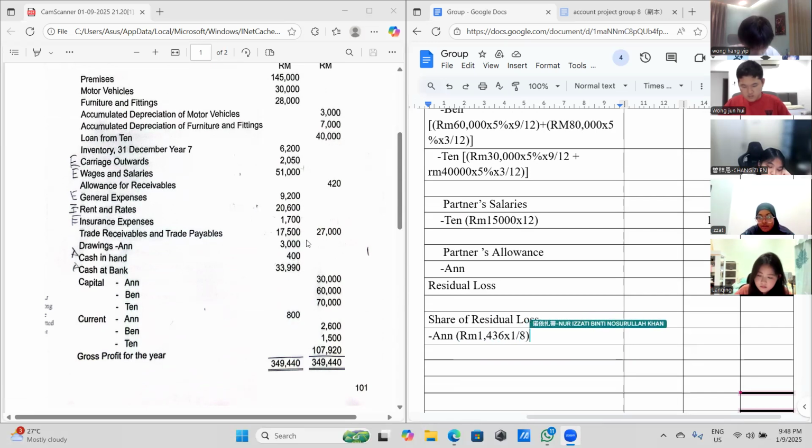So the total we'll be getting for her is 180. And after this, we have to add on the bank as well. It has to multiply RM 1436 multiply with the 3 by 8. And we will be getting 538.